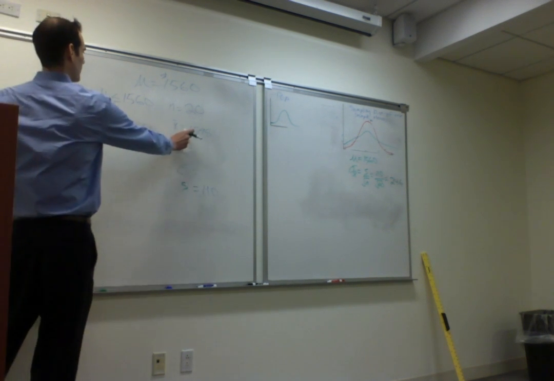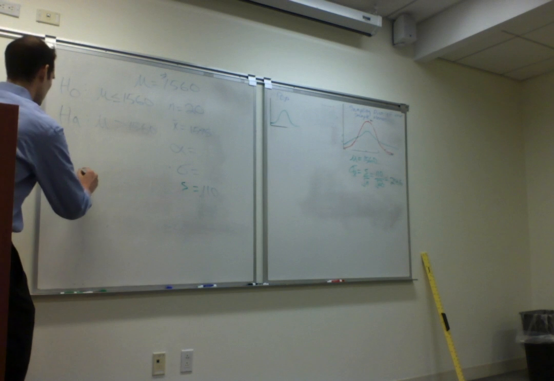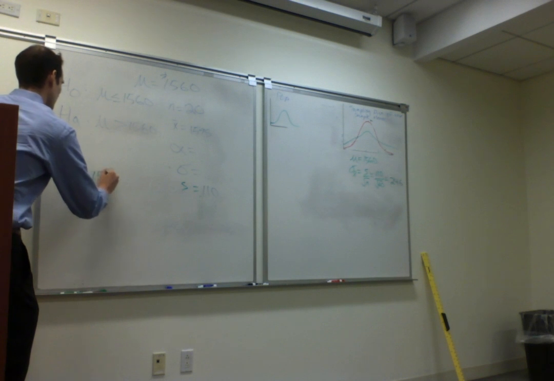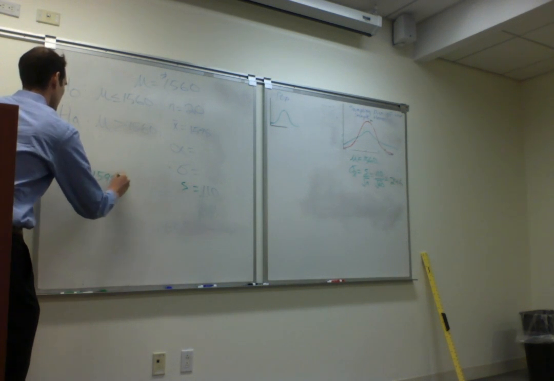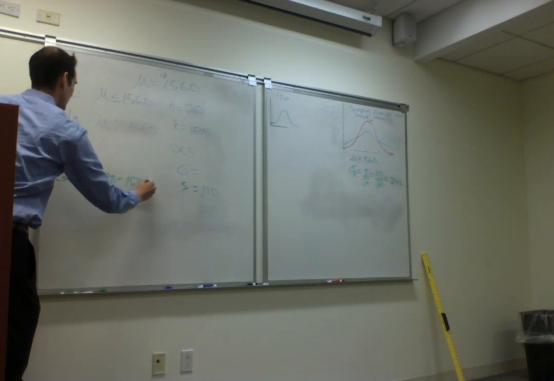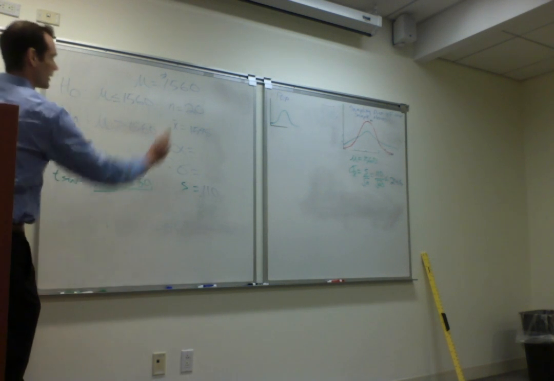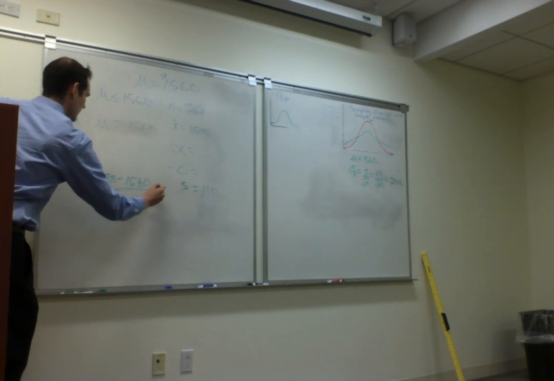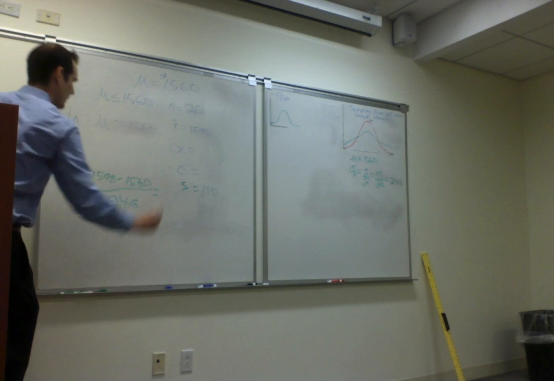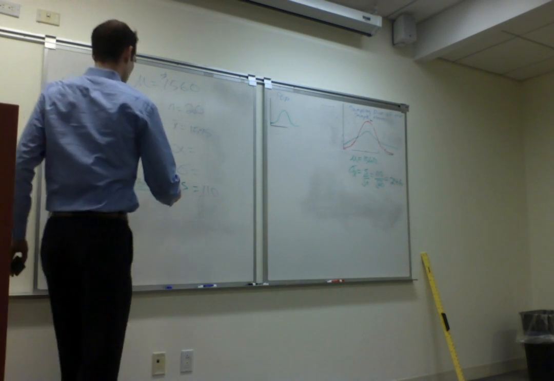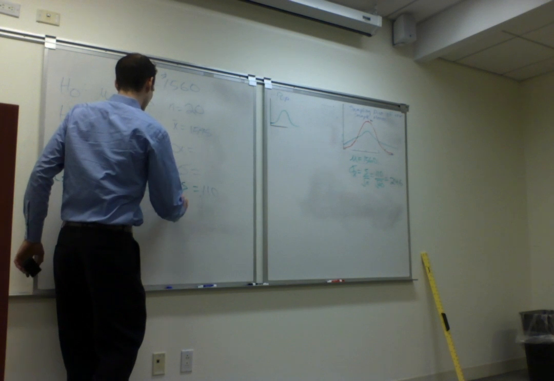We're going to take our sample mean, 1598. t stat equals 1598 minus the mean, 1560, divided by our standard deviation, 24.6, and what does that come out to? 1.54.